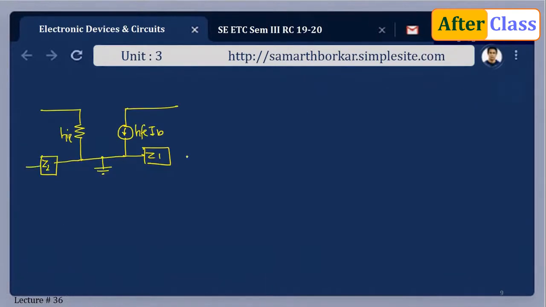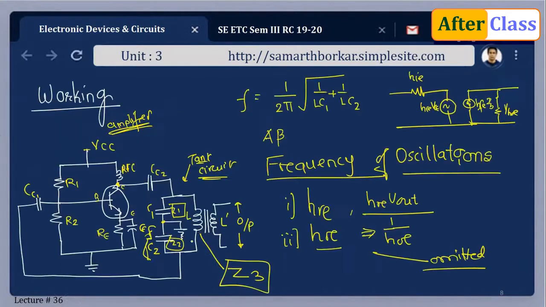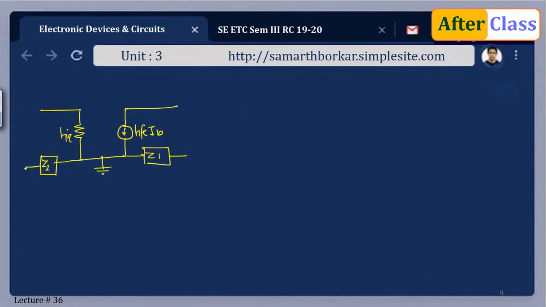And we have a Z3 which is connected across Z1 and Z2 from here. Fine. So we are going to have Z3 here. Okay.